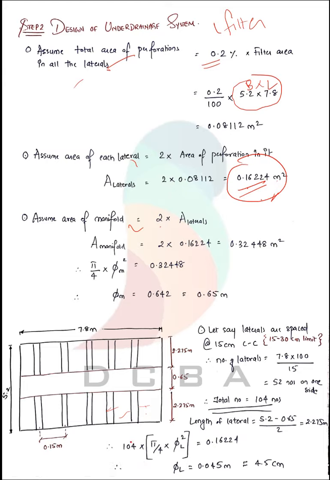So 104 into pi by 4 into its diameter square, diameter of lateral I am denoting as phi L. So pi by 4 into phi L square into 104 should be equal to the total area of lateral which is required. So from here you get the diameter of laterals that is required, and it comes out to be 4.5 centimeters. So each lateral has to be of 4.5 centimeter or 45 mm.